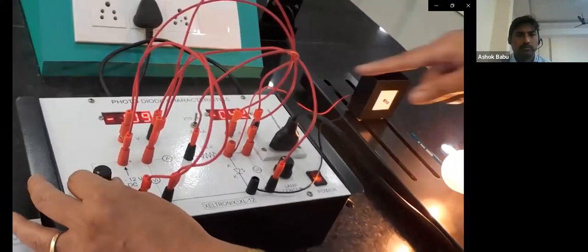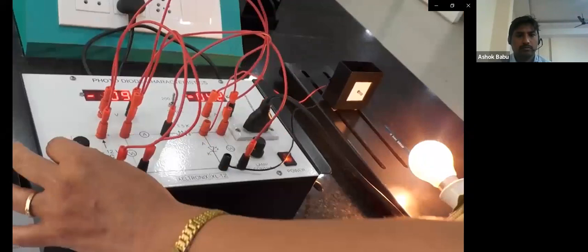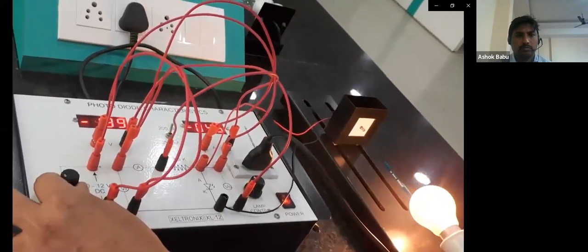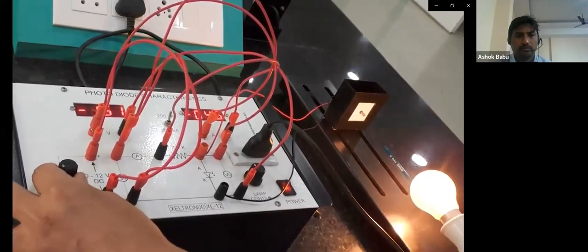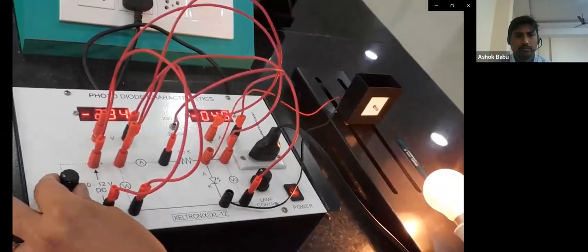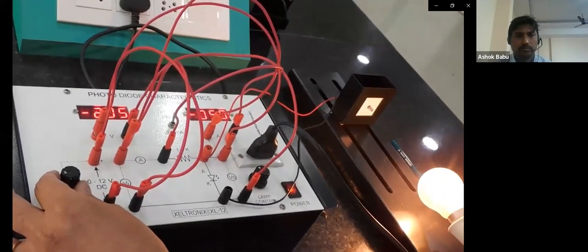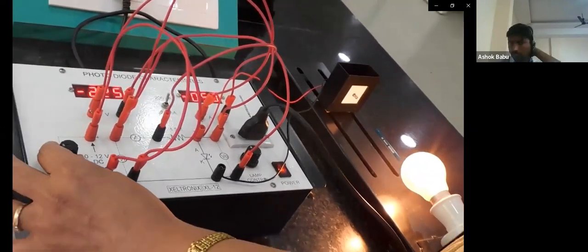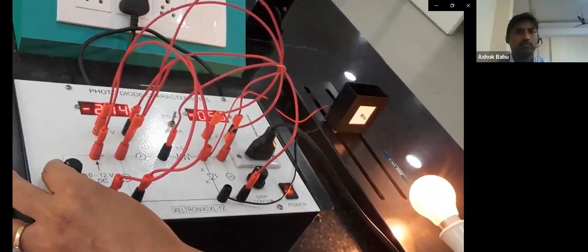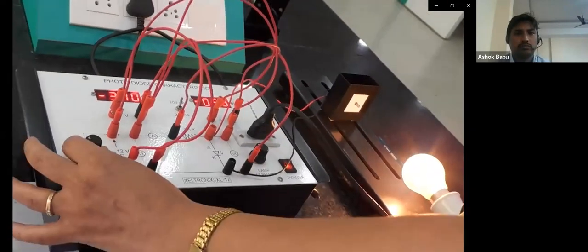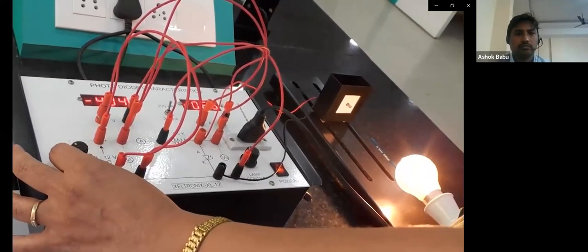Let the voltage now be 1, the current is 4.2. For 1.5, 4.6. For 2, it is 5. Now let us increase it in steps of 1 volt. For 3, 5.9.